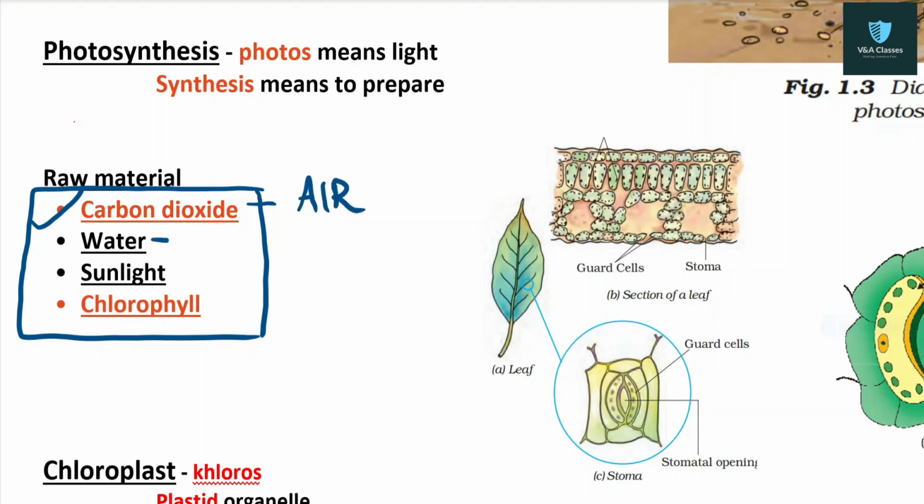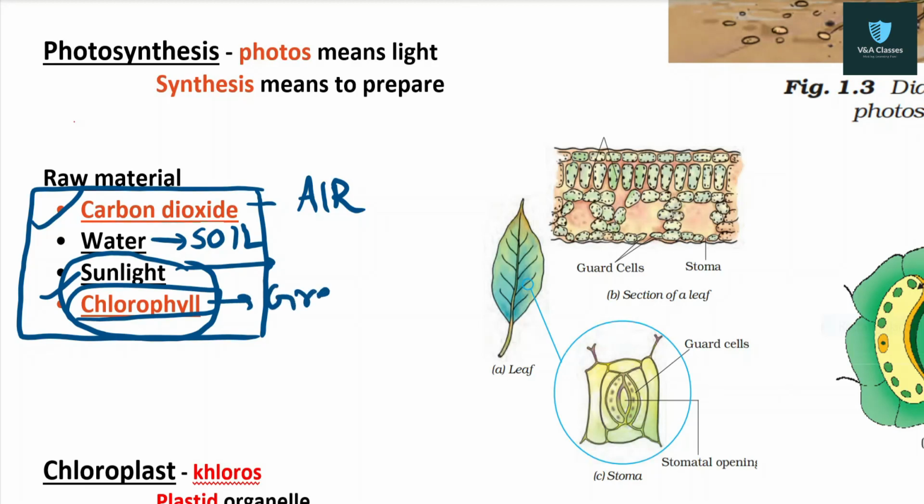The second one is water, which it will get from soil. And two other raw materials are sunlight and chlorophyll. Sunlight we all know, and chlorophyll is a green colored pigment which is present in plants. We'll look into details of all this, don't worry.